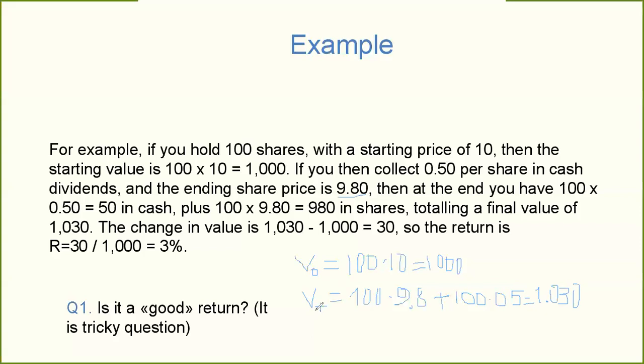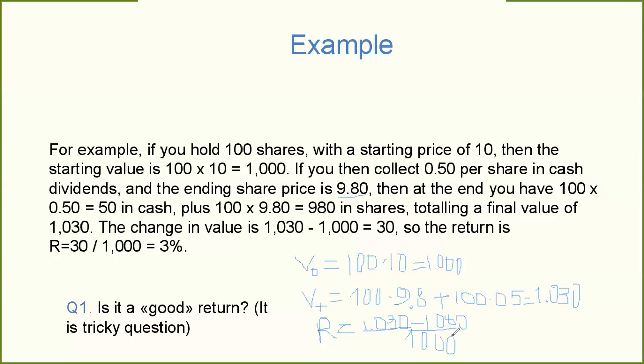So we can compute this return with this formula as a proportion. You remember from the previous slide. So 1,030 minus 1000, and divided by the initial investment, it is 1000.